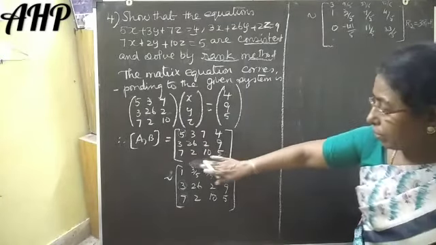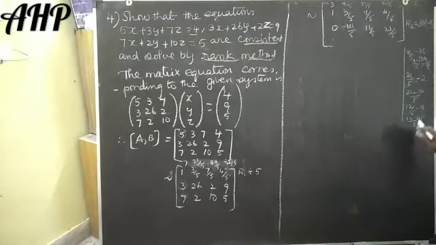Here you get 4 by 5 into 7, so 4 7s are 28 by 5. Then 7 minus 7 is going to be 0.